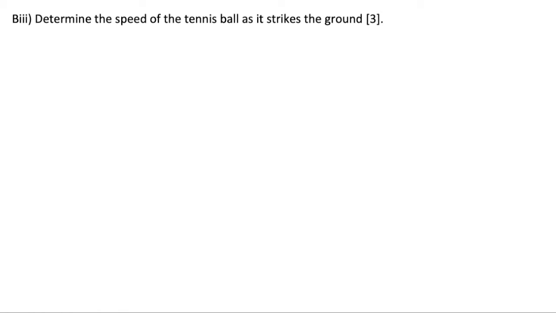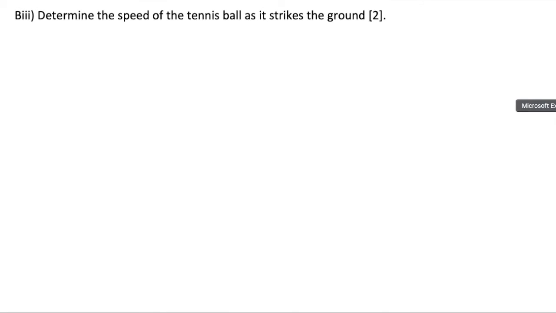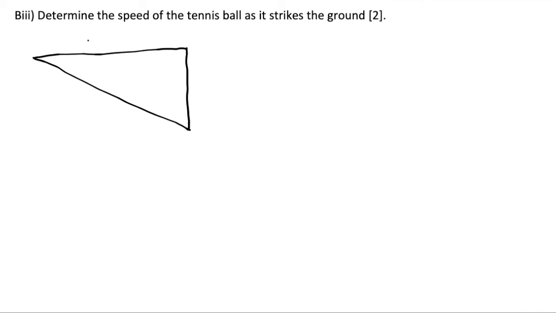B3. Determine the speed of the tennis ball as it strikes the ground, and this is for 2 marks. So let's solve this question. How do we do it? Let's draw a diagram from earlier, a right angle triangle. We know the horizontal component of velocity, which is 63.52.